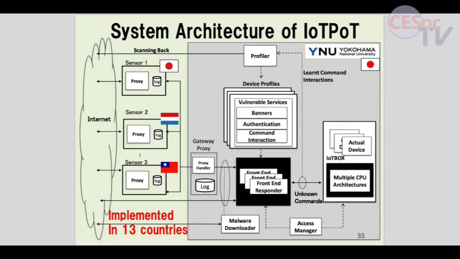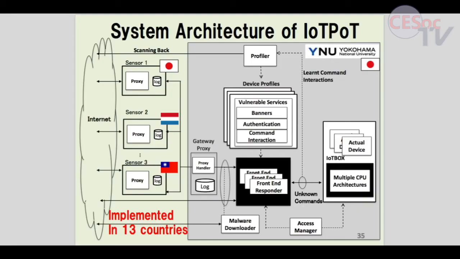This is the system architecture of IoTPOT. The right side gray part is located in Yokohama National University. It's the core system, where I try to emulate the vulnerable IoT host. On the left side, you can see many sensors. It's a kind of proxy, located not only in Japan but also in Holland, the Netherlands, and Taiwan, for instance.